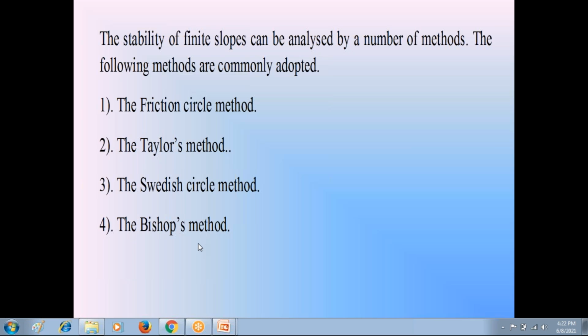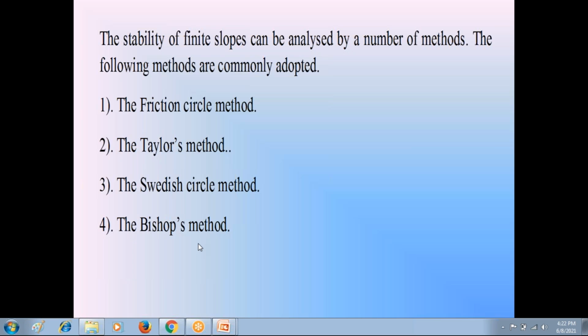Infinite side slopes are very long. There is no top, there is no base of the infinite side slope. Whereas for finite side slope, we have the top boundary. For example, if you take the earth dam or the embankment, we have the top of the embankment, the bottom of the embankment, that is called the base. The finite side slope is in between the top and the base of the embankment.